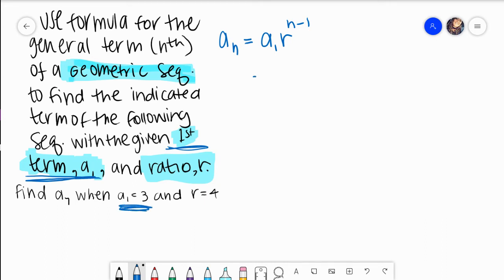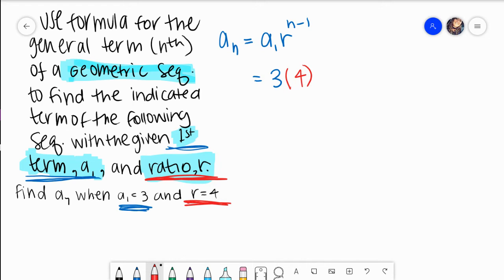So let me go ahead and write that. Then the next thing I'm multiplying to my 3 is an r. That's my common ratio, and it told me my r is 4. So I'm literally going to do 3 times 4.